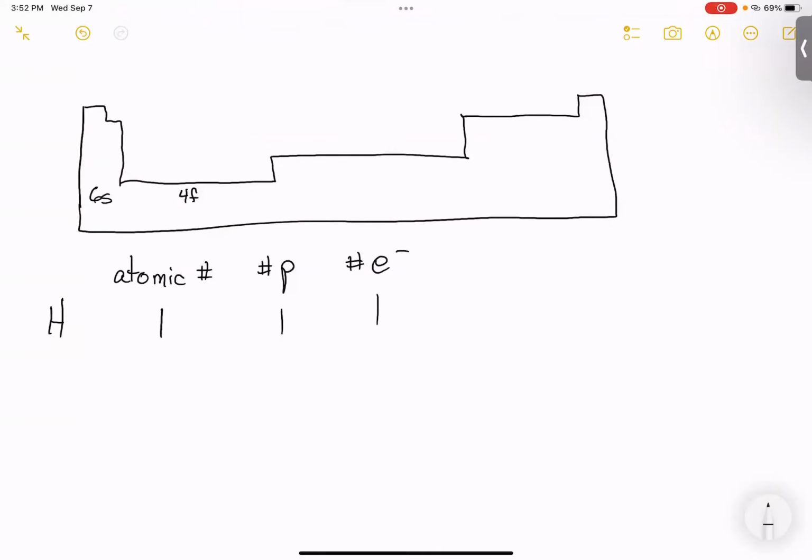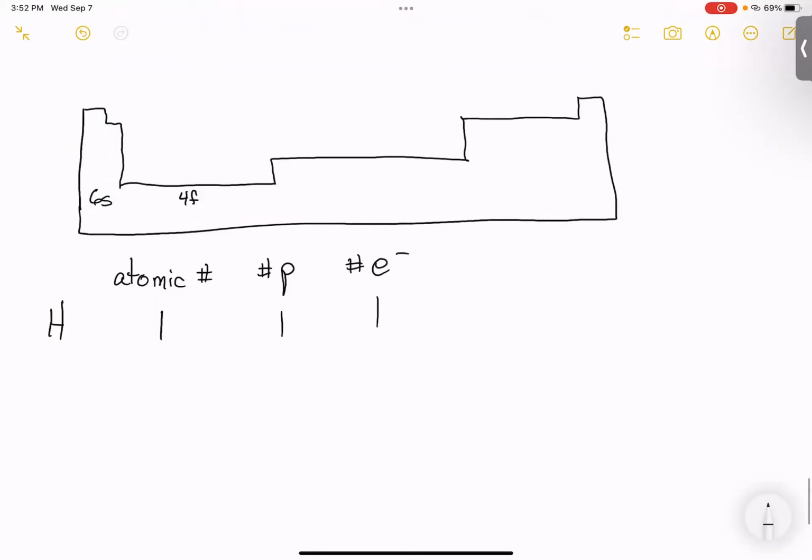That electron will be in the 1s. So we represent it as 1s1.